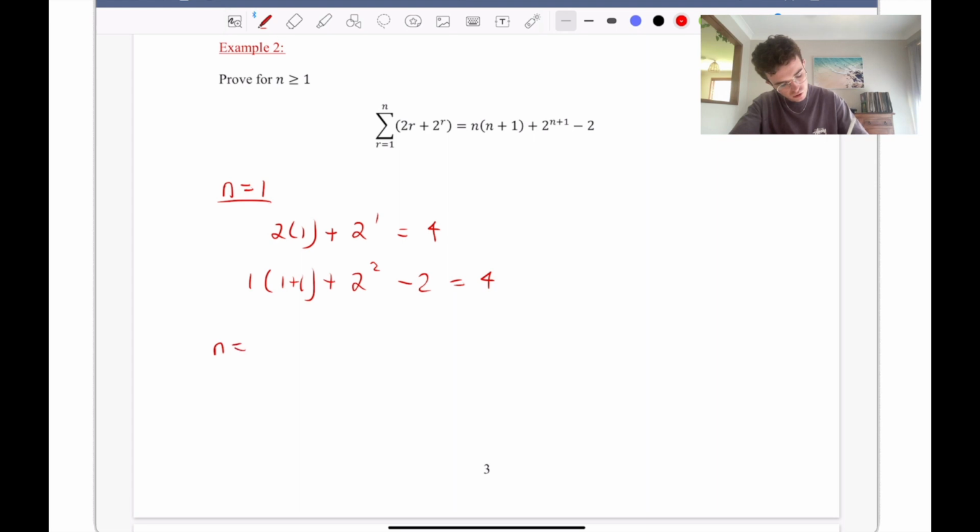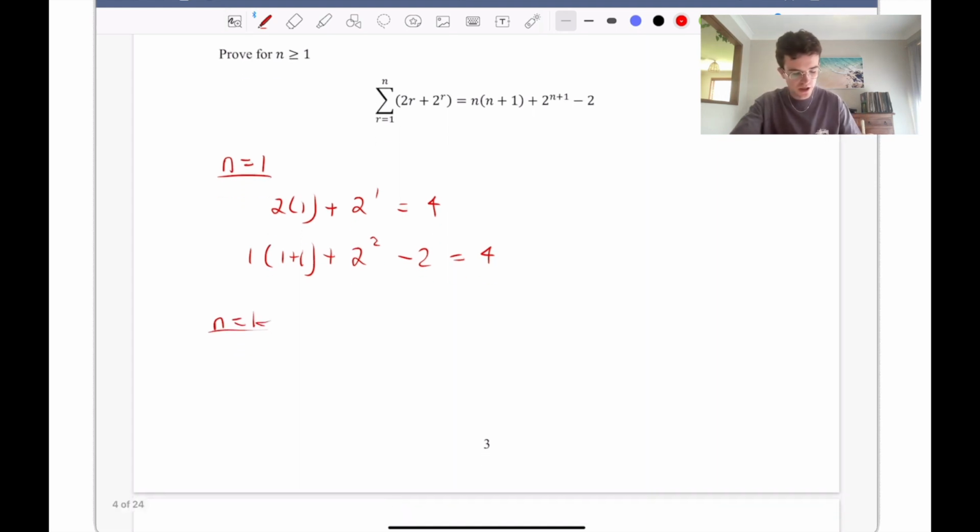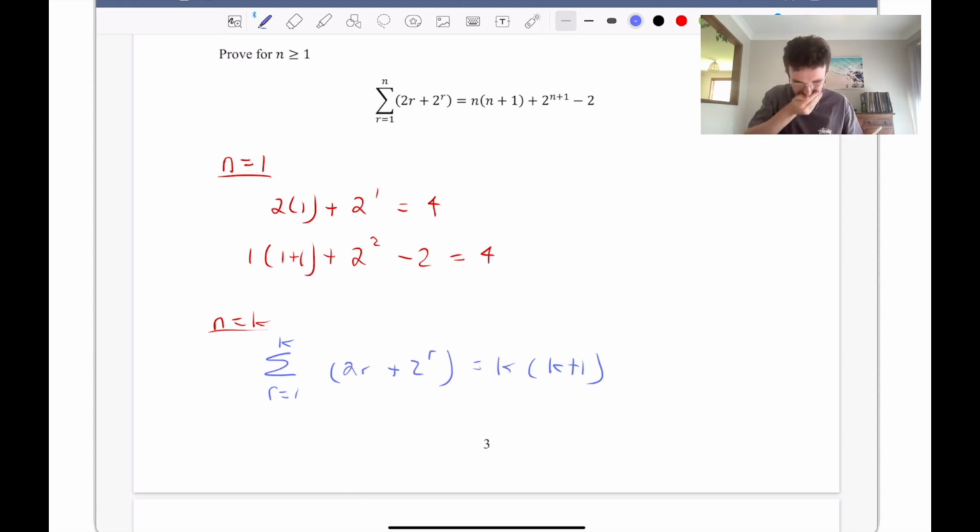Our next step is to assume true for n is k, that the sum from r equals 1 to k of 2r plus 2 to the power of r is equal to k times k plus 1, plus 2 to the k plus 1, minus 2.